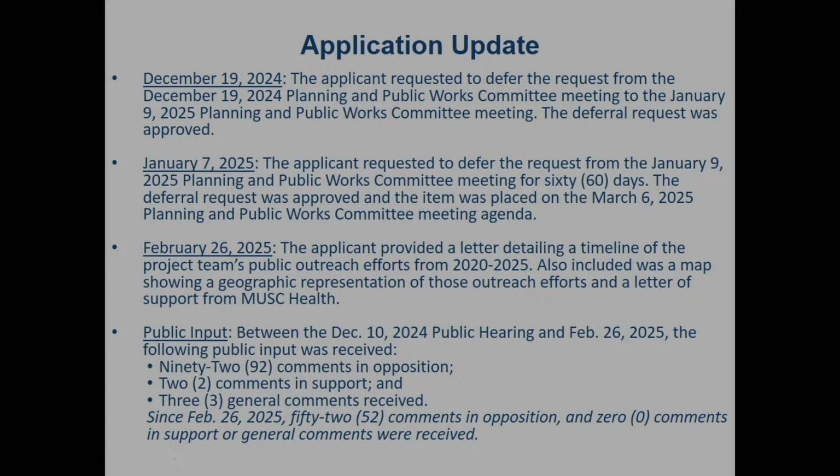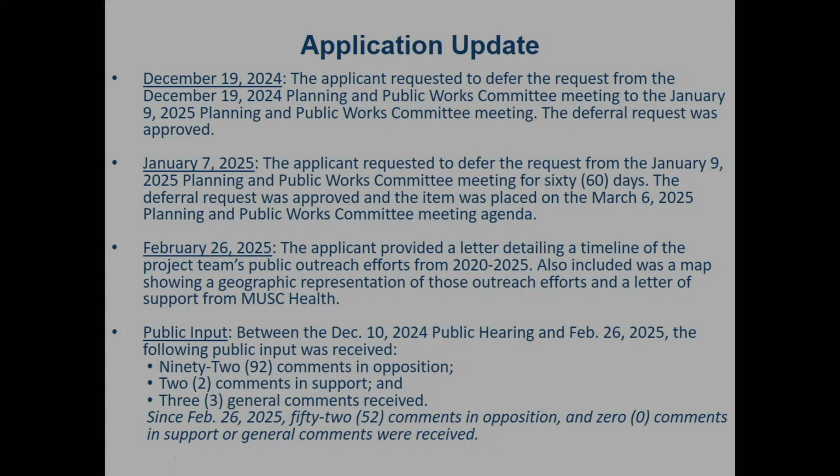And then the very last item is additional input received between February 26th and today. So these numbers only reflect what's come in since the public hearing, not what was provided before. The numbers from prior to the public hearing are in the packet.